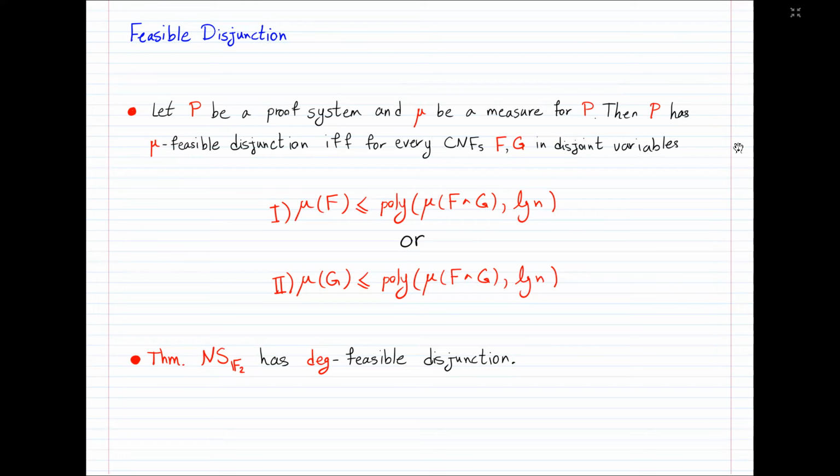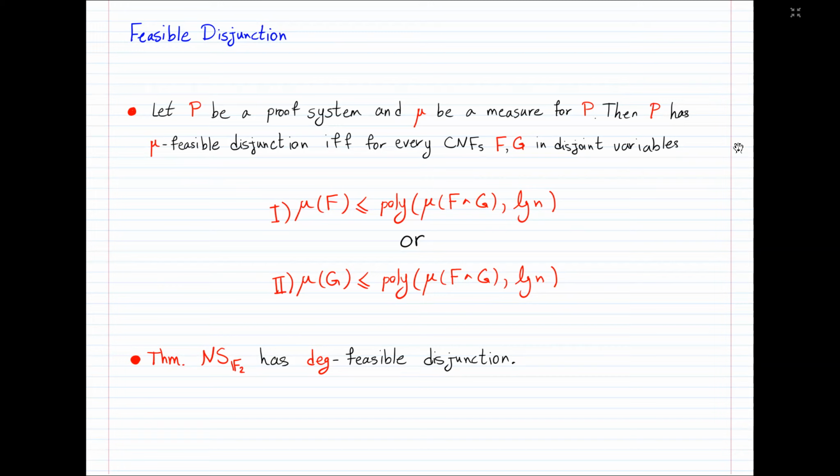Which means again that if F and G have a small refutation with respect to mu, then either F should have a small refutation or G should have a small refutation with respect to mu.